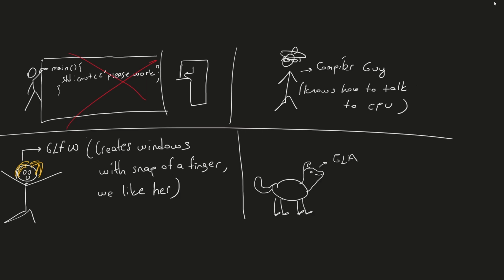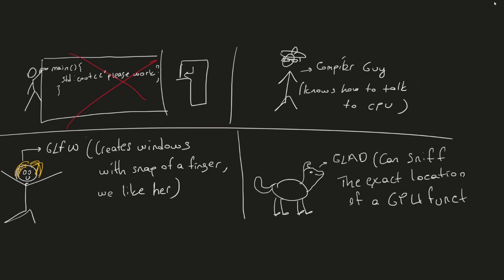So we need another guy called GLAD, which we picked from several other alternatives for the interpreter role. In the case of the communication with the GPU, it's not a compilation thing like we faced with C++. The thing is, there are some functions residing in the driver of the GPU, and we want to call them. But we don't know where exactly they are. We could find them ourselves, but GLAD comes to the rescue and saves us time just like GLFW.